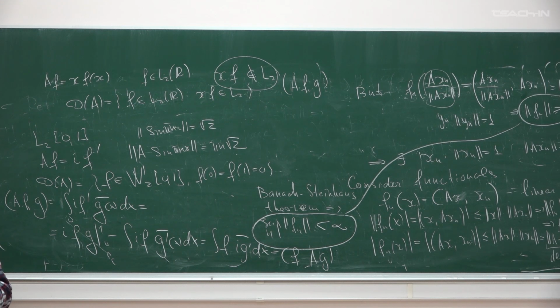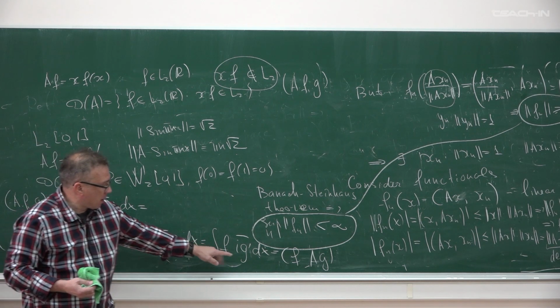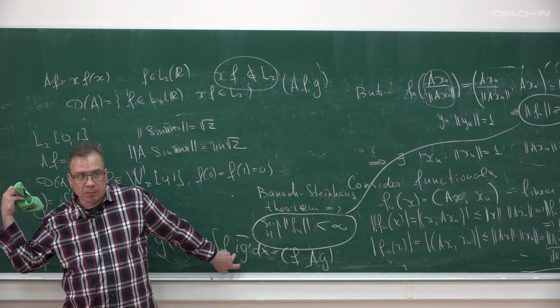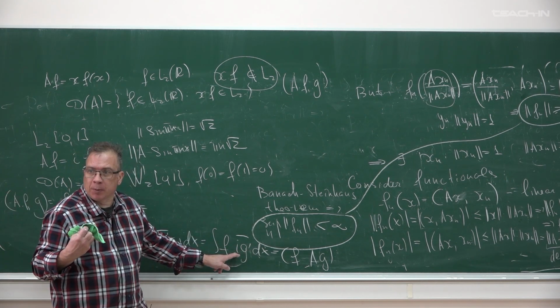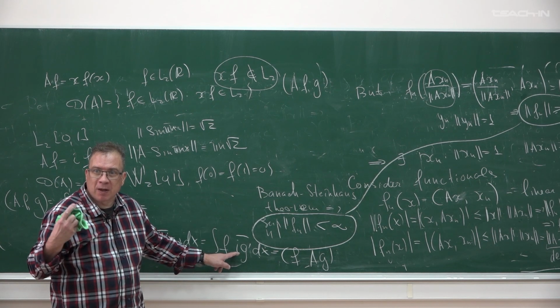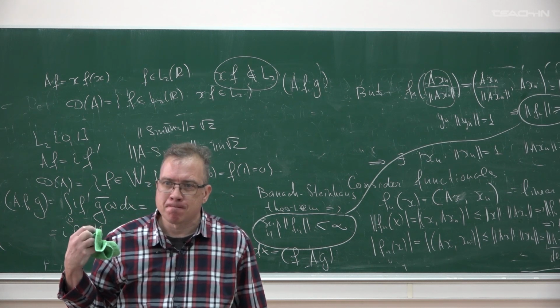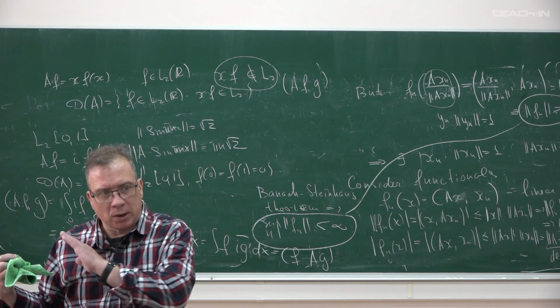Because for unbounded operators we have domains. You see that the adjoint operator by this formula looks like A, the derivative multiplied by the imaginary unit. But the adjoint operator has another domain. We'll show it later.